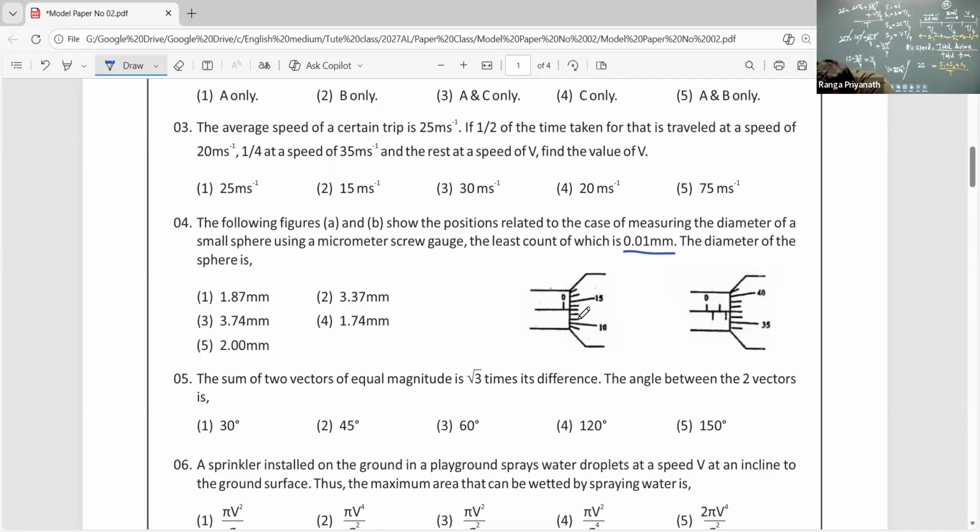Here, numbers 11, 12, 13. Number 13 coincides with the datum line.